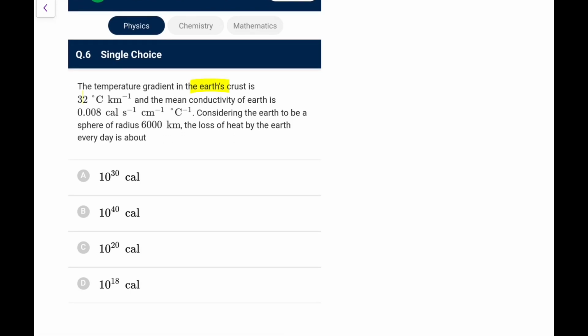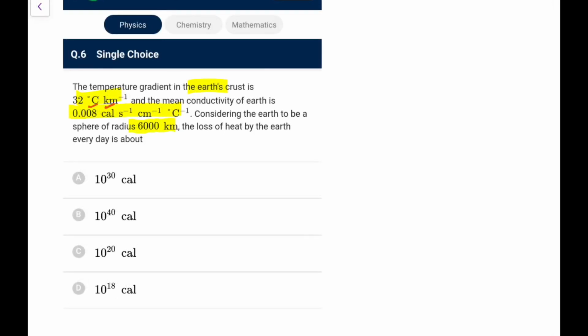Next. Temperature gradient in the earth crust is 32 degrees Celsius per kilometer and the mean conductivity is this. Considering the earth to be a sphere of radius 6000 kilometers, the loss of heat by the earth every day is. So what we can make out, it is 32 degrees Celsius per kilometer and it is a sphere of radius 6000 kilometers. Now for a sphere, you know the thermal resistance formula that we typically employ.